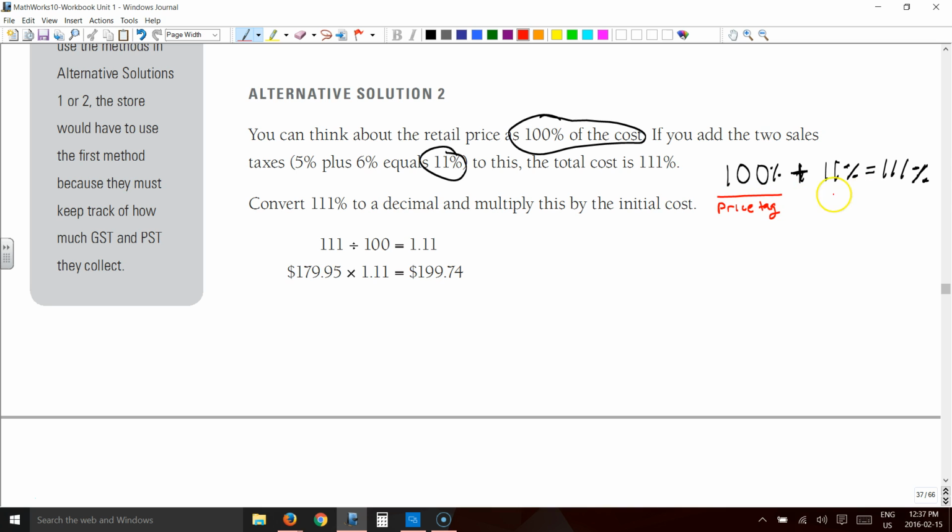Okay? Plus, to that we're adding the tax. And we're going to get our net total price. Okay? That's how we arrived at the 111%.